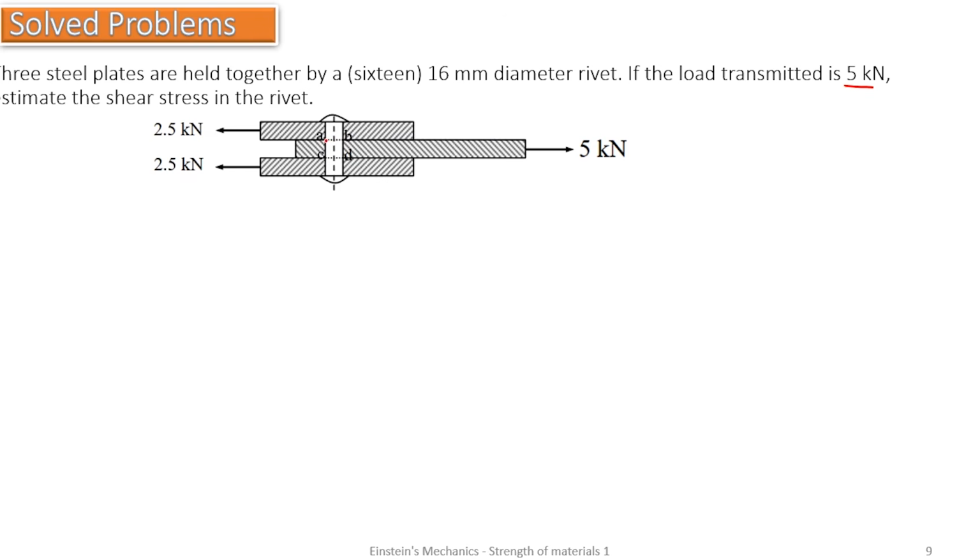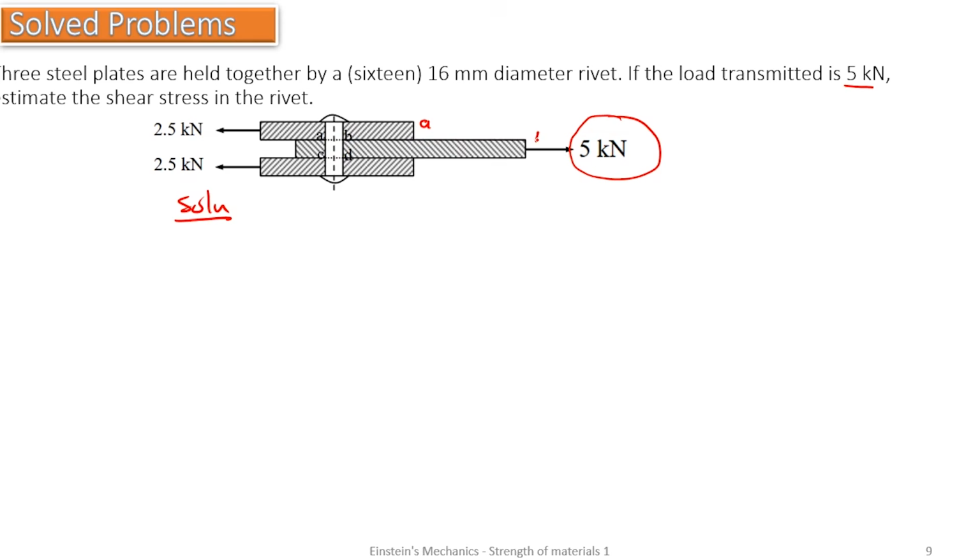So we are going to find the shear stress in this bar. And from the diagram, we can see that the force given is 5 kilonewton, and each bar is balancing it with what? 2.5 kilonewton to cause equilibrium.